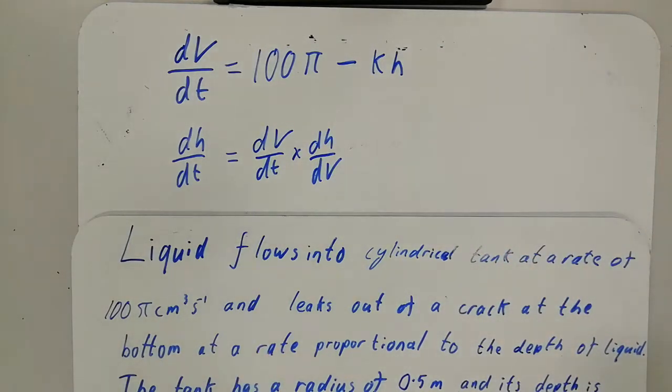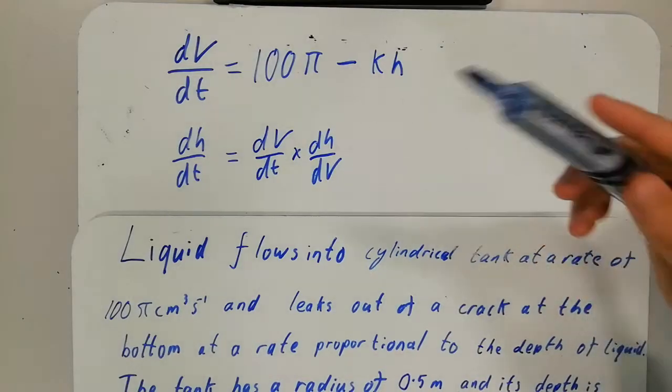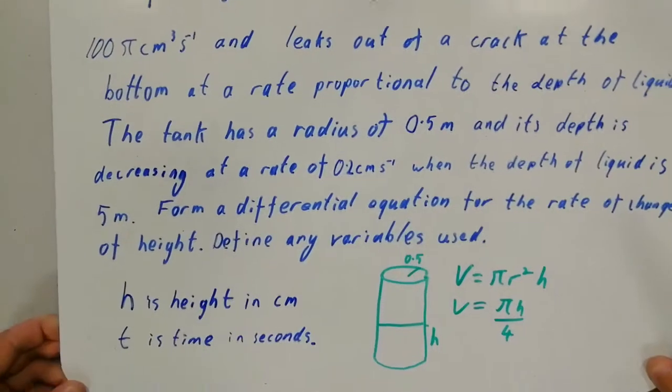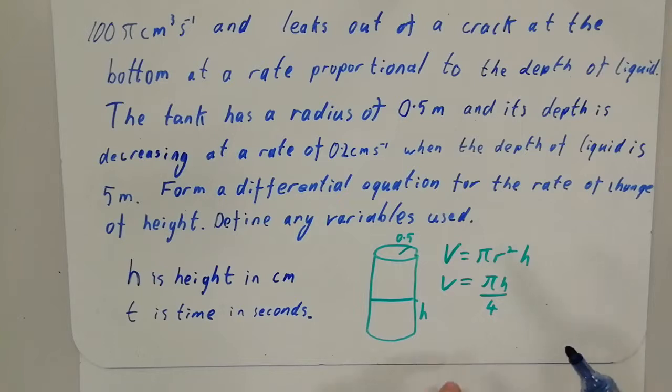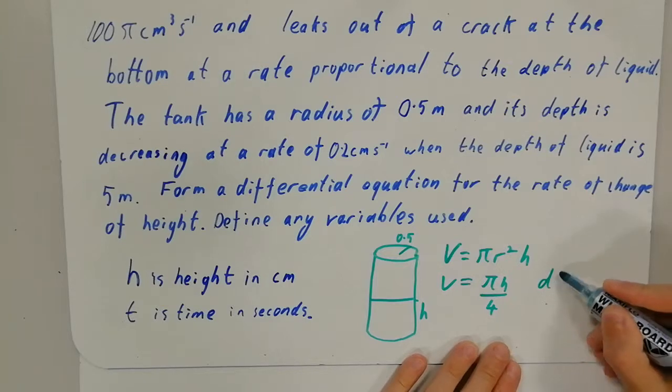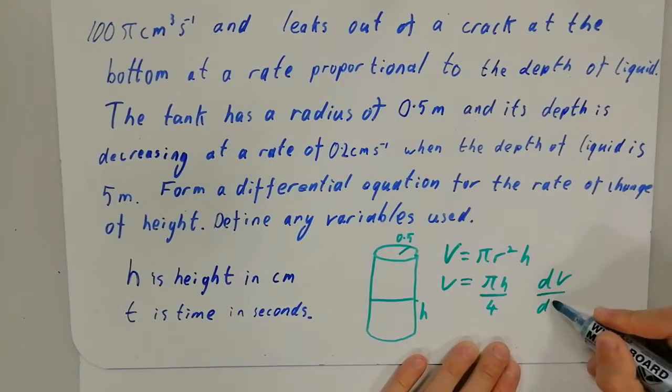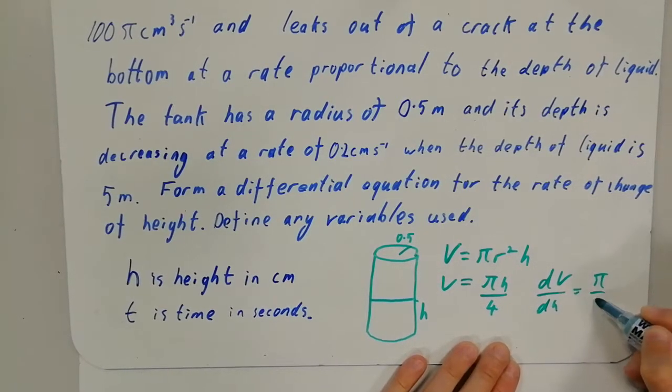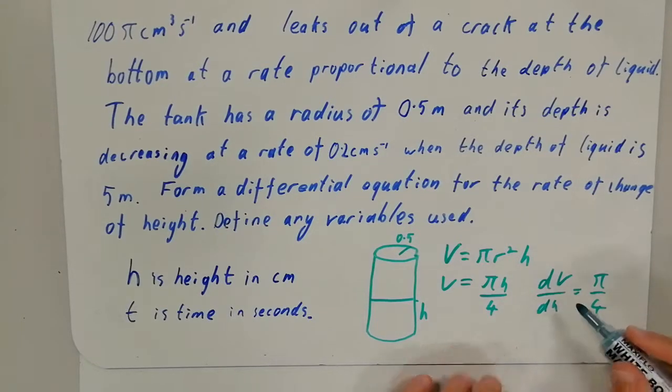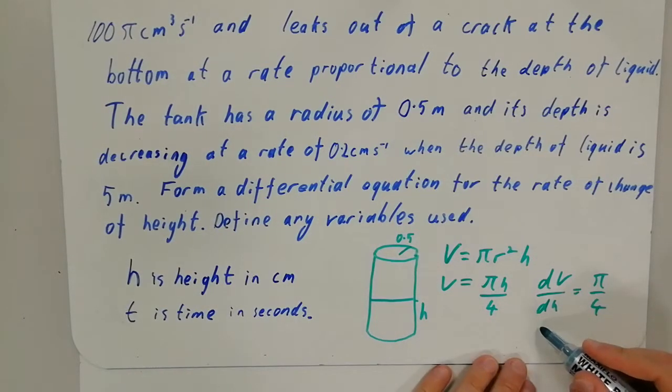Okay, now all that remains is to think how do I find dh/dV? Well, from my initial sketching of the problem, down here, I wrote that V equals pi h over 4. From that, I can see that dV/dh will equal pi over 4. And therefore, I actually wanted dh/dV, I can just take the reciprocal of that.